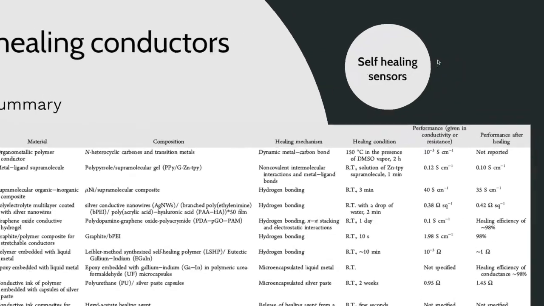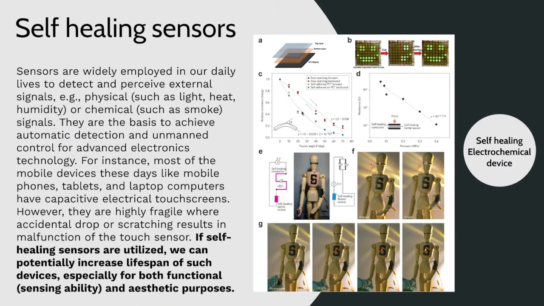And then self-healing sensors. Sensors need to perceive any external signals, right? It can be physical stimuli, like light, heat, or maybe a chemical substance like smoke or any chemical that can be perceived by the sensors.